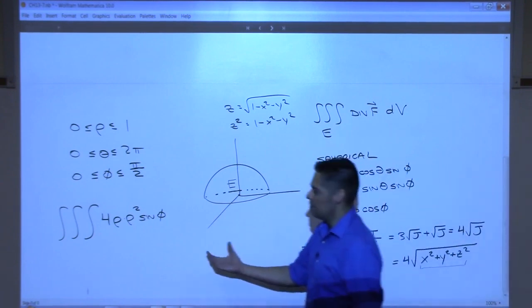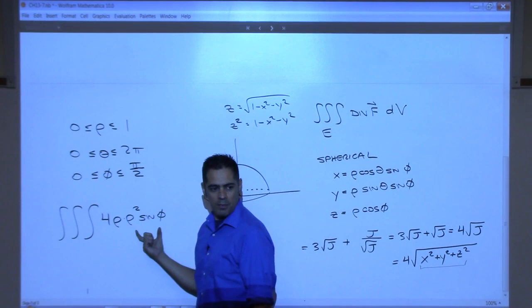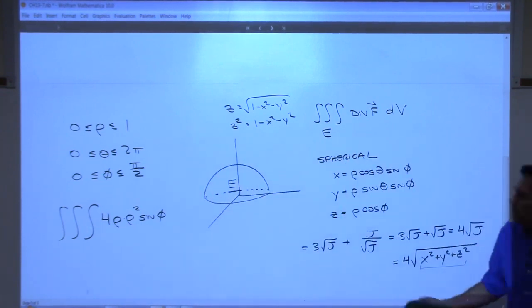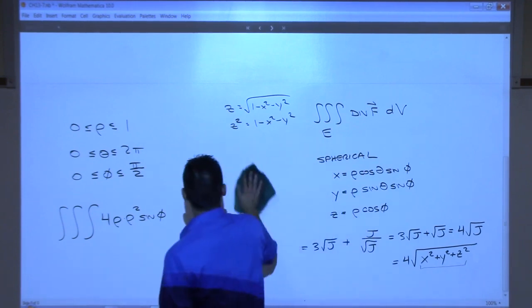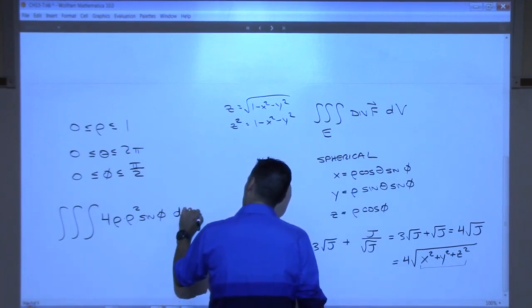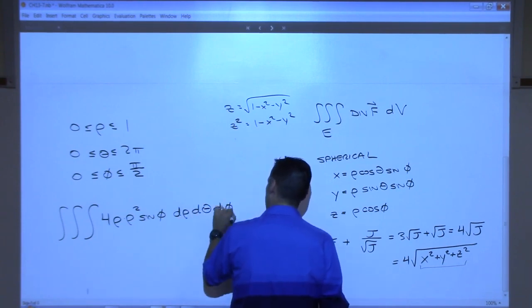Everyone got this? This is the actual div F. This is what we have to put because we went to spherical. And finally, my variables. Doesn't matter what order, right? D rho, d theta, d phi.